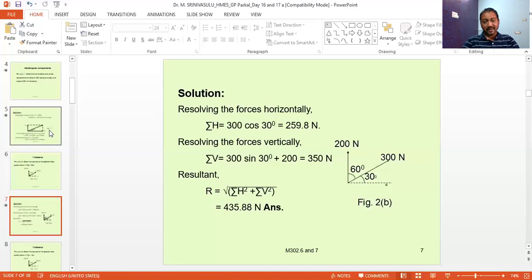So R is equal to 435.88 newtons. This is the magnitude of the resultant of the given force system.